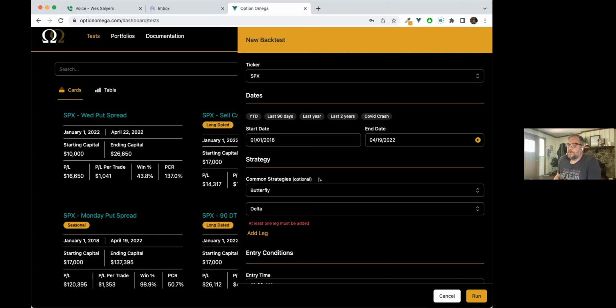With futures in particular, you get some wonky fills overnight. And when things get bad, especially with MES, when you have a couple of down days of like 100 points, things get extra crazy. So we've stuck with SPX and SPY right now just for liquidity purposes, because we want to have as accurate a test as we can.